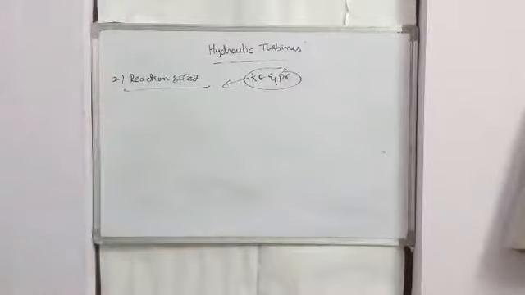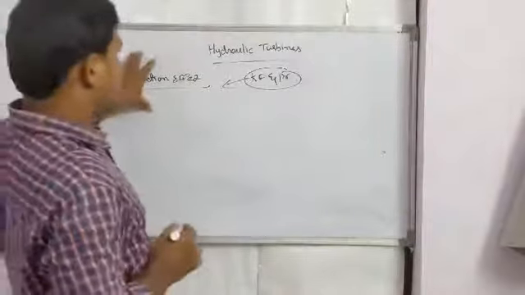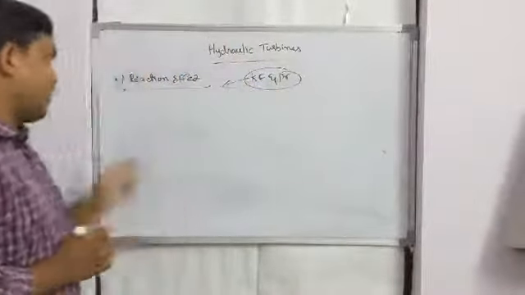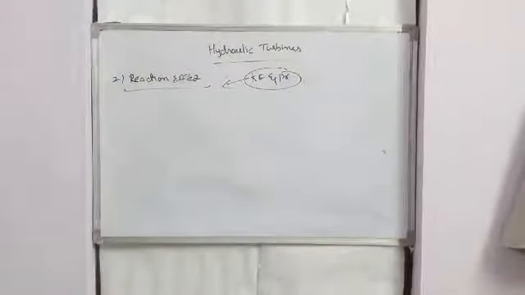In reaction machines there may be a contribution of impulse action, whereas in an impulse machine only pure impulse effect is there. So in a reaction turbine both impulse effect and reaction effect are there, but in an impulse turbine only pure impulse effect is there.